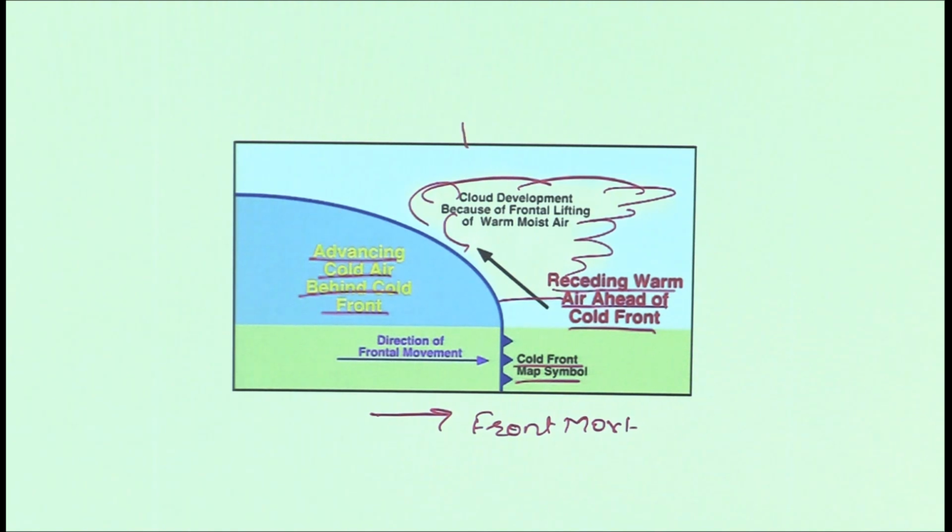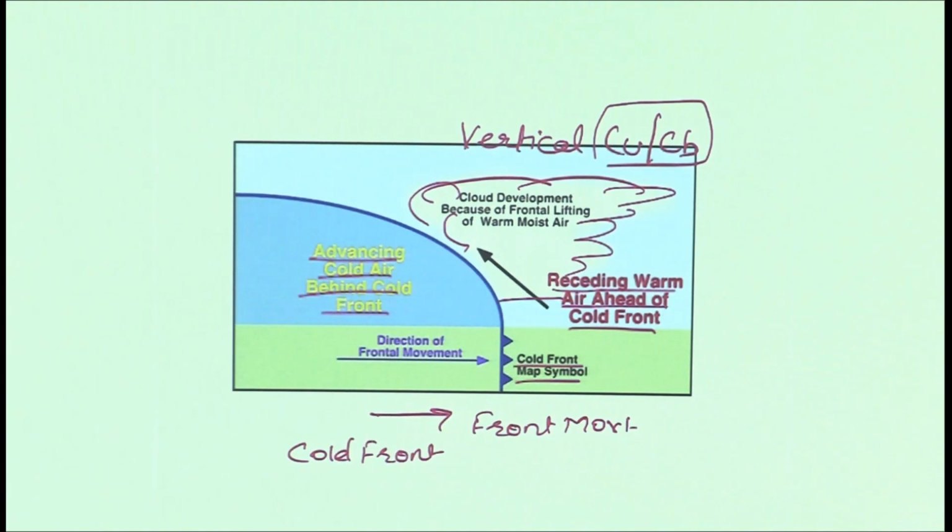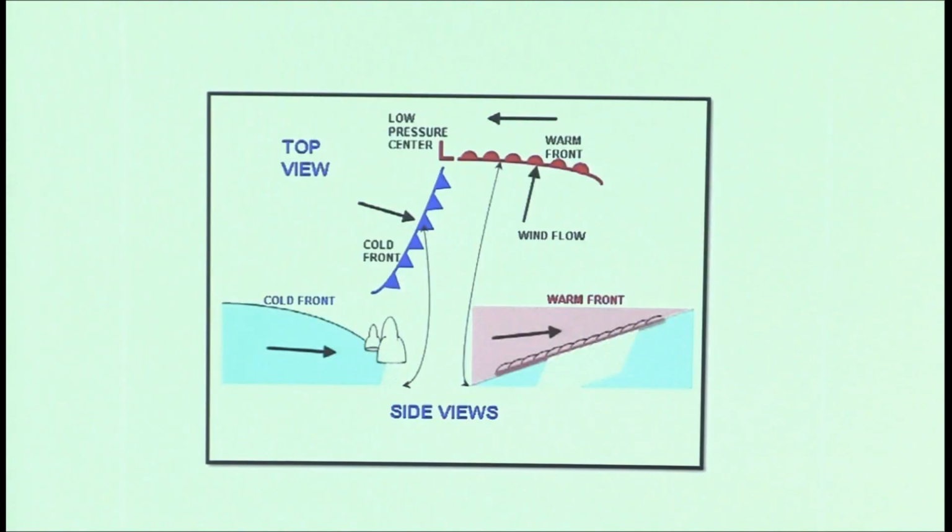We largely develop vertically grown clouds that are cumulus cloud or cumulonimbus clouds. So the cold front weather is a significantly intense weather. And if I take the side view which is visible in this diagram, notice this is vertically grown cloud, as I said, cumulus or cumulonimbus, cold air, cold front.